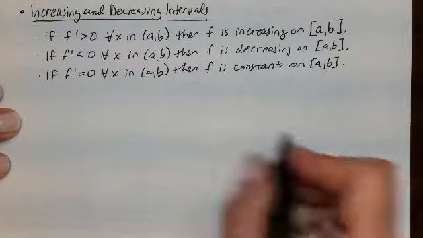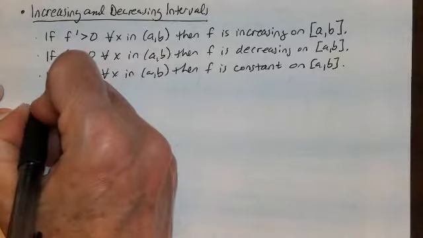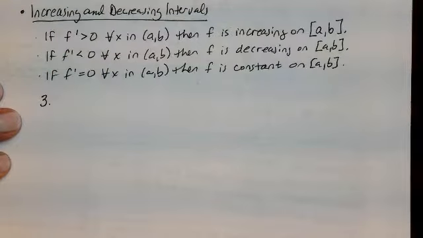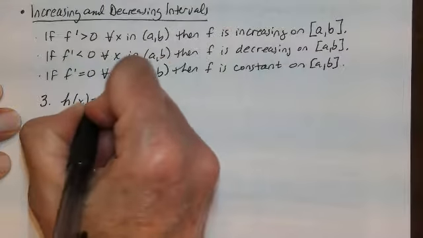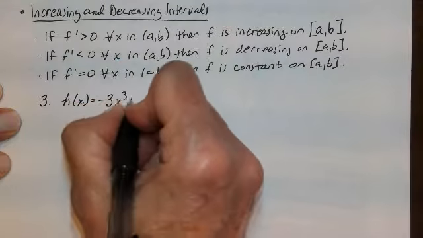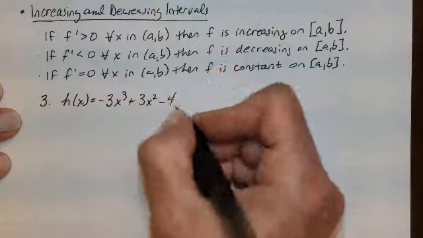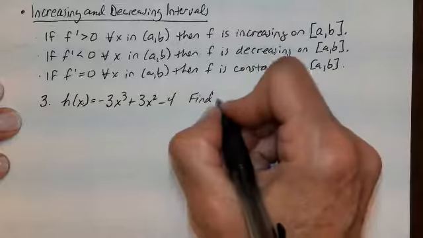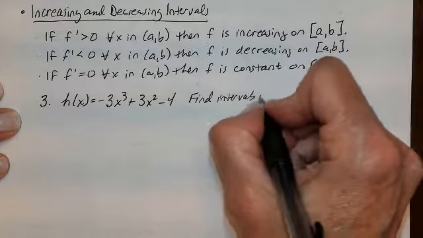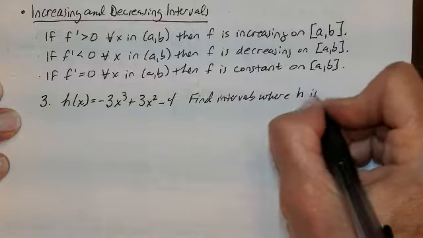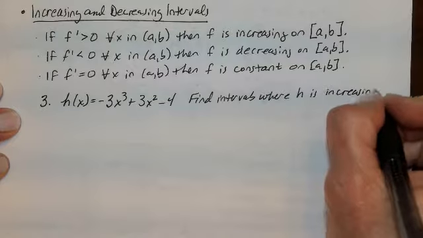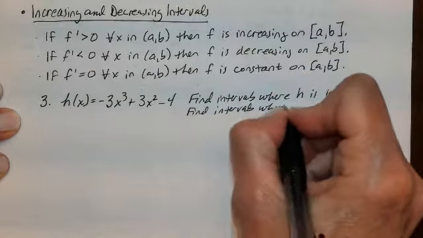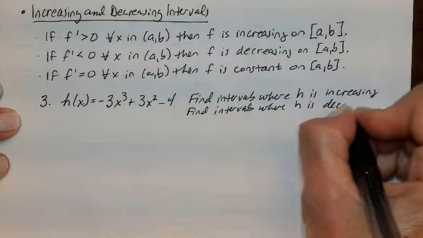All right, so in these next few examples, let's just keep on going with our numbers. Example 3, I'm going to give you a function, h of x equals negative 3x cubed plus 3x squared minus 4, and the directions would say find the intervals where h is increasing, and then find the intervals where h is decreasing.